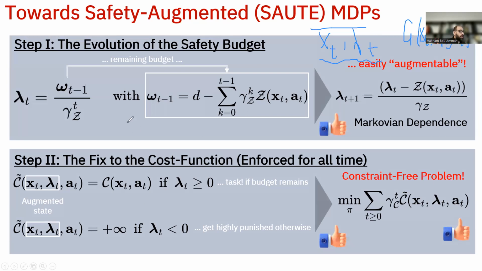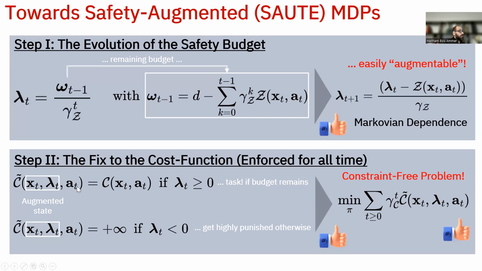And that's what we are doing in step 2. The way we define those costs is we define a cost c tilde. C tilde is now a function of the augmented state variable xt, lambda t and the action at.